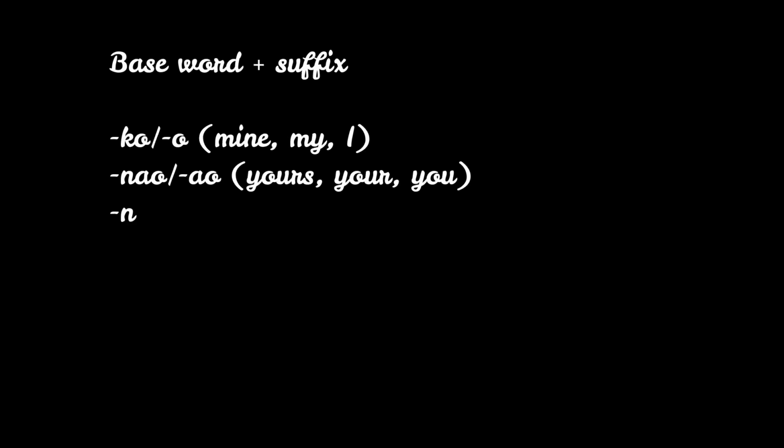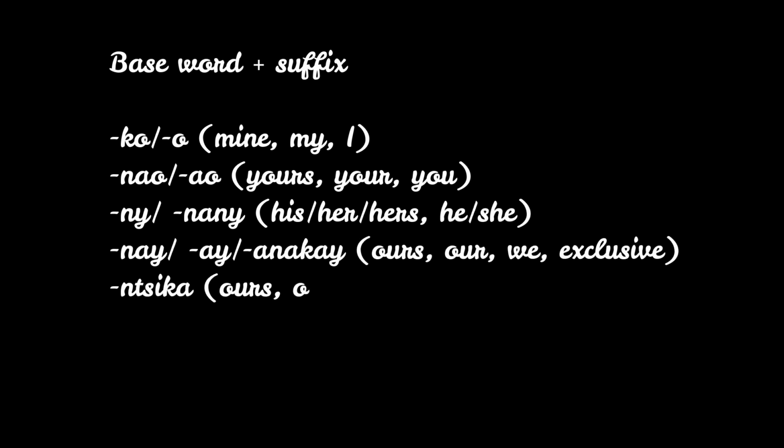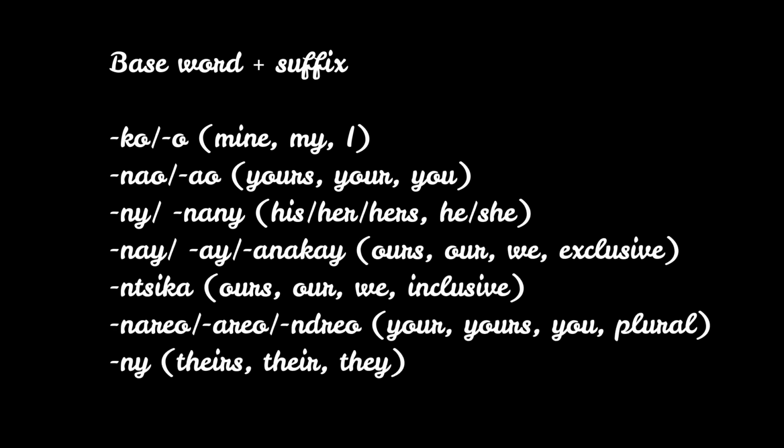So in Malagasy, we also have what we call possessive personal pronouns. You would take the base word and add the following suffixes. Ko for mine, nao or ao for yours, ny, nany for his or hers, nay, ay, anay for ours, not inclusive.